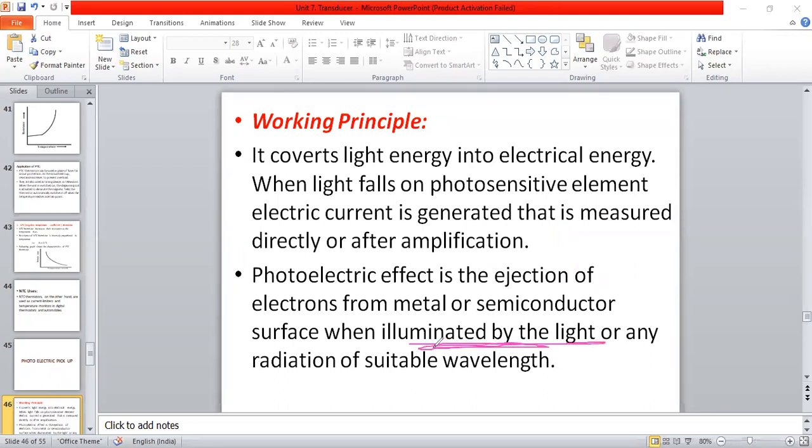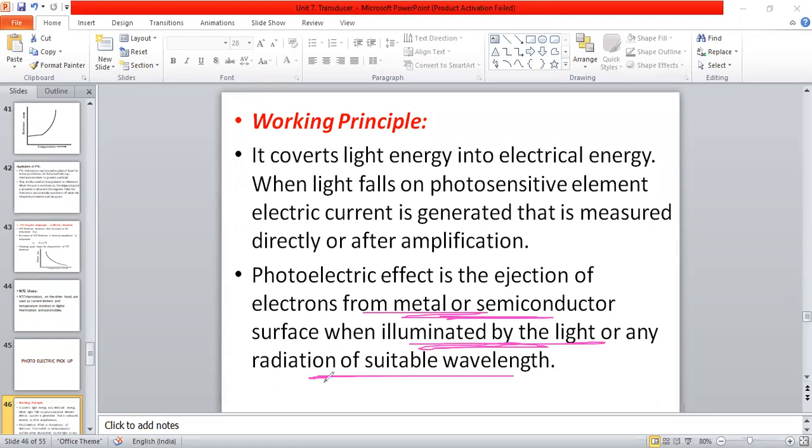Whenever the light falls, the electrons will be ejected from that material, metal or semiconductor. Any radiation of suitable wavelength, the light or illumination, has some wavelength. So based on that, and the light intensity, the electrons are ejected.